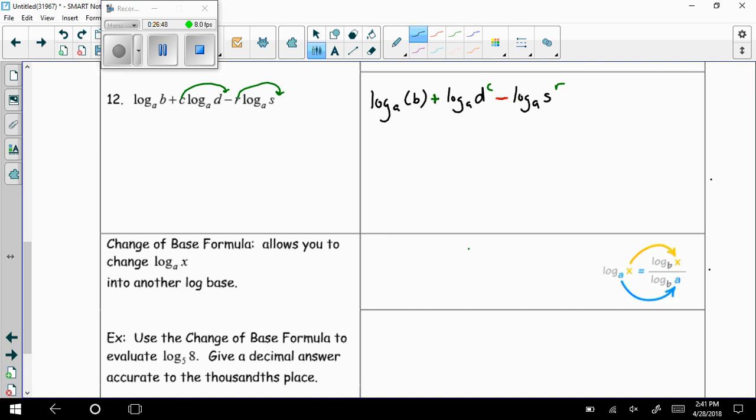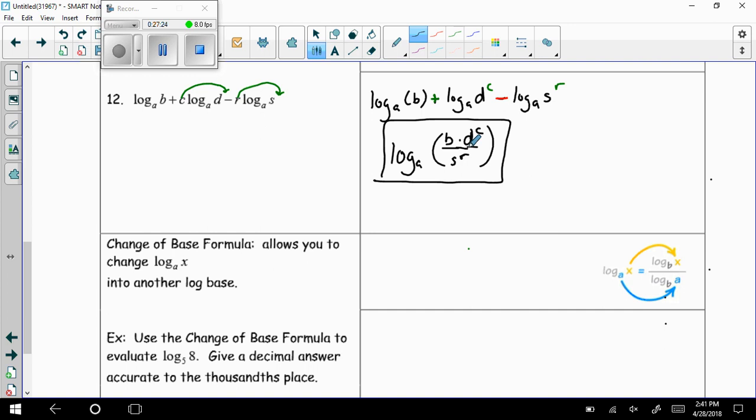So as we rewrite this, it becomes log base a of b times d to the c, that's my numerator, and we have s to the r in the denominator, and that's as much as we can do. And I'm not sure why I wrote 2, but that is s to the r. There we go. Okay, so as you're going through, if this one threw you for a loop, that's okay. We can talk through it tomorrow.